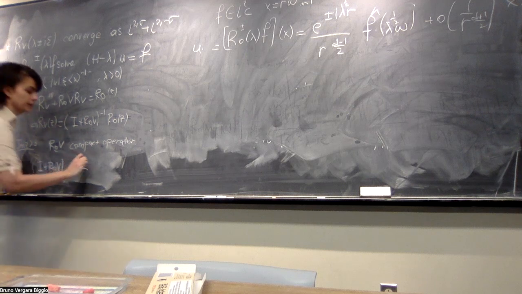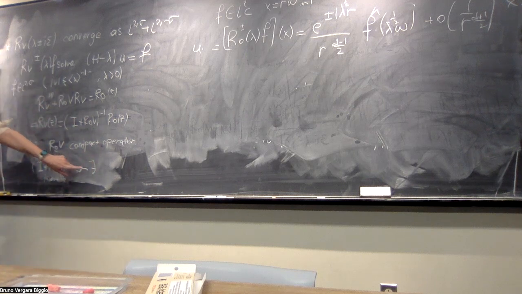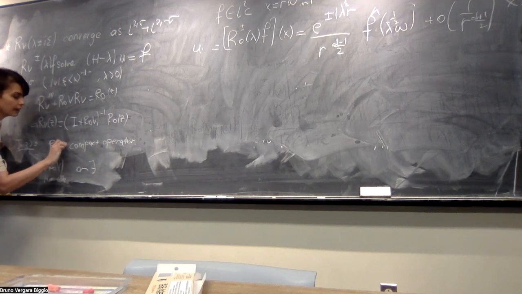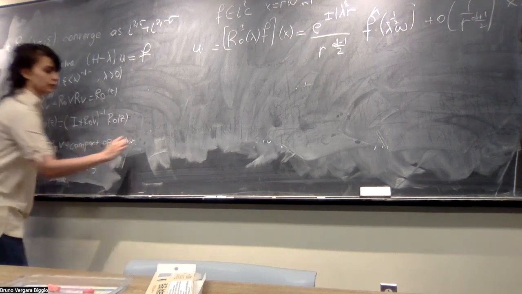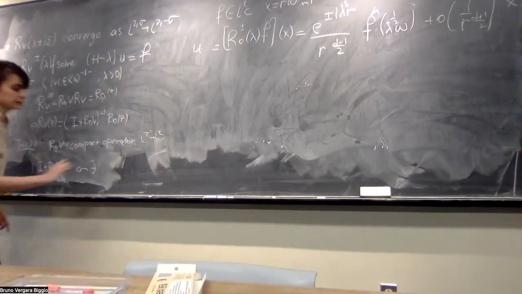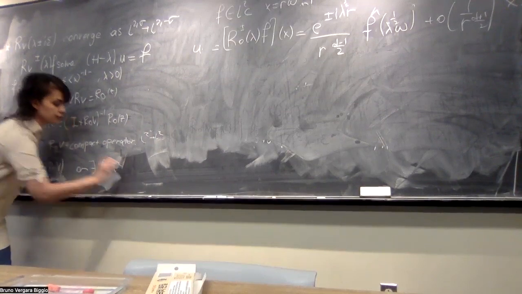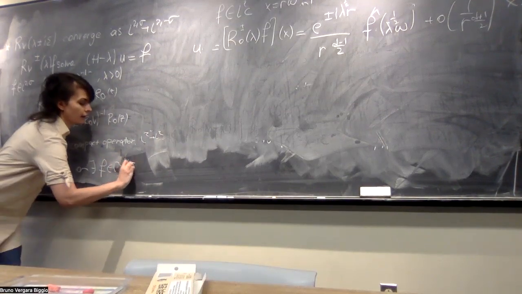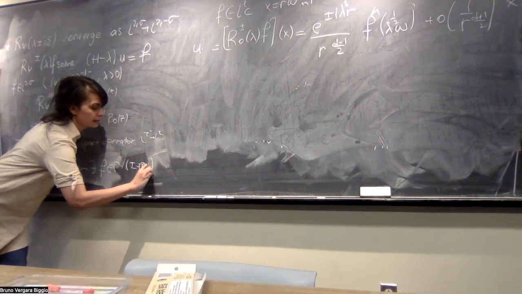or you will have a function, but because the imaginary part of z is positive, this is a compact operator, actually L2 to L2. So that's why it's going to be an L2 function, such that I plus R0 B F is zero.